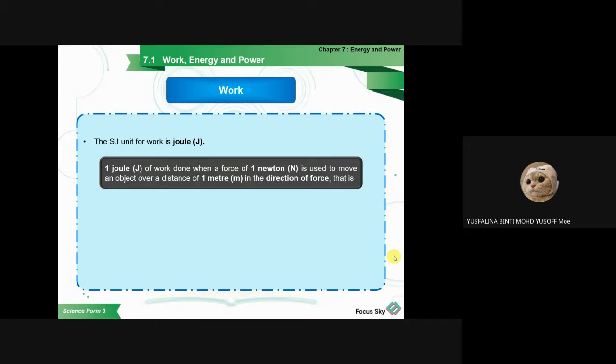So we do 1 joule of work if you give a force of 1 Newton and the object moves 1 meter. So that's the meaning of 1 joule.